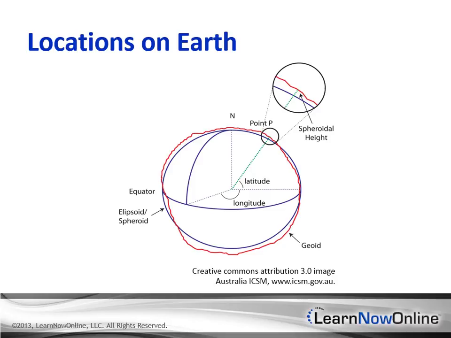So you can see latitude and longitude, those are actually angles. You can see the ellipsoid or the spheroid, and then what's called the geoid, which is the red line. So that's the actual surface of the Earth. And then you can also see the spheroidal height, which is the difference between the ellipsoid shape and the geoid.